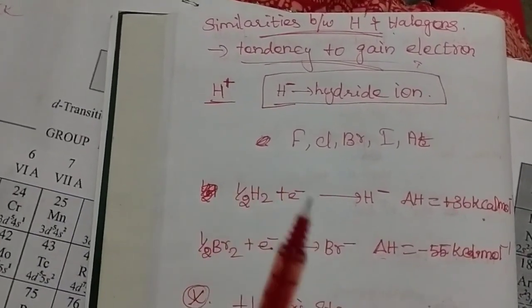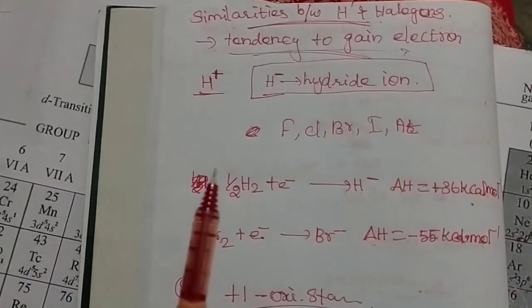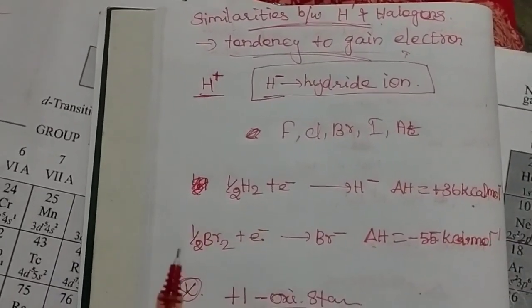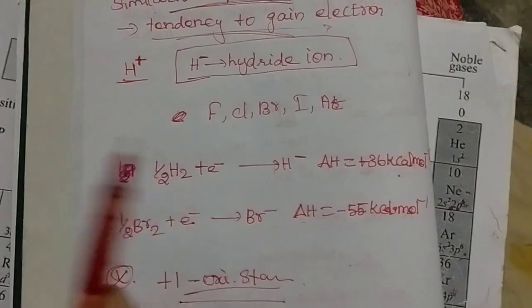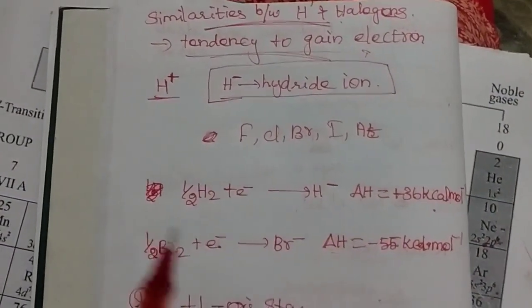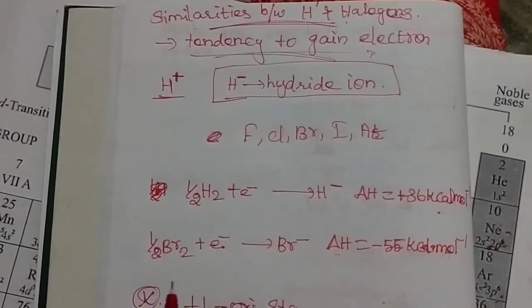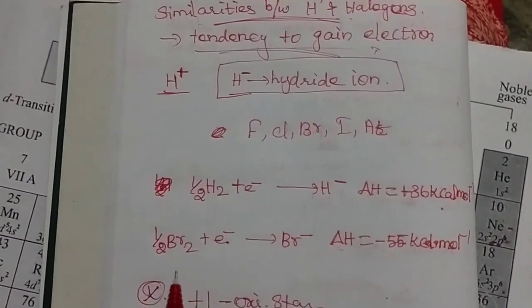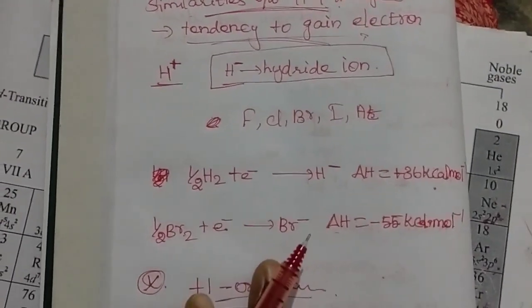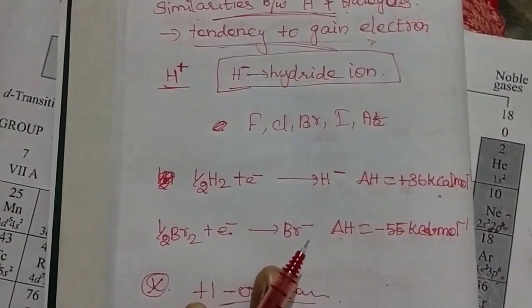Third question, why hydrogen is placed in the top left of the modern periodic table. You have to explain this with the halogen similarities and also the alkali metal similarities. Okay, today's topic is over. Study these three questions. Thank you, students.